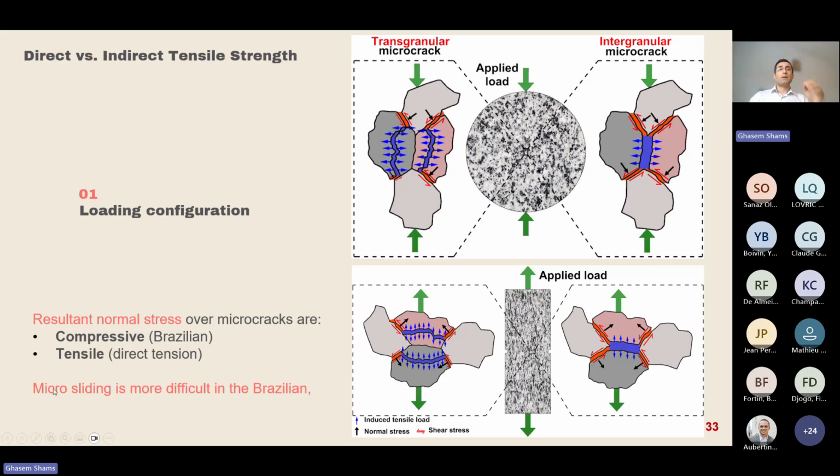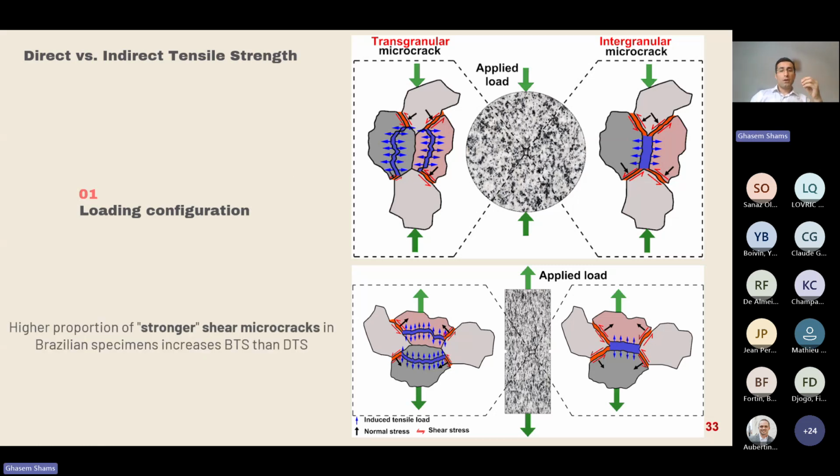We can say that macro sliding is more difficult in the Brazilian test because we have a compressive normal load, and it takes time and energy to shear the microcracks inside the Brazilian specimen.